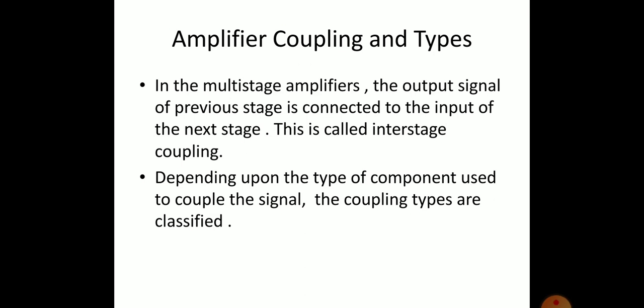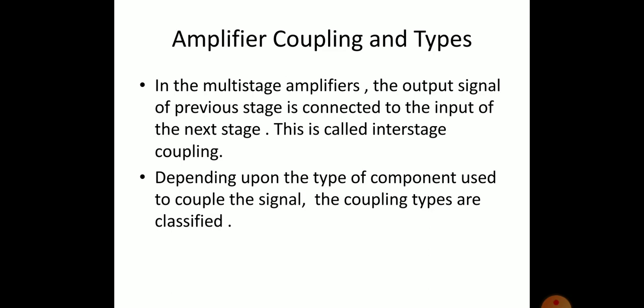Meaning, first output we will get from the first stage, it will be given as input to the next stage. So whatever output we get from the first stage, we give it to stage 2. So this is your interstage coupling. So coupling, we are doing interconnection.